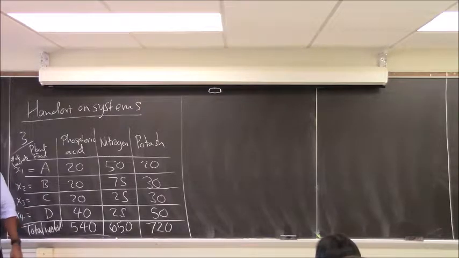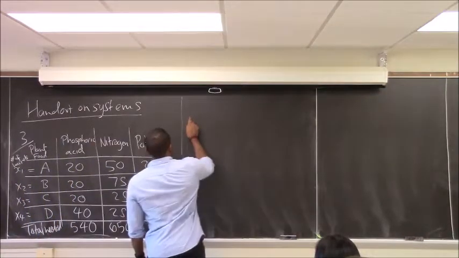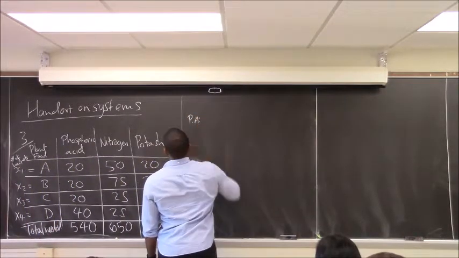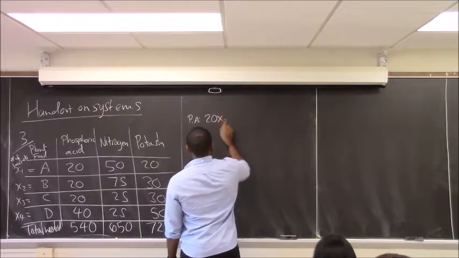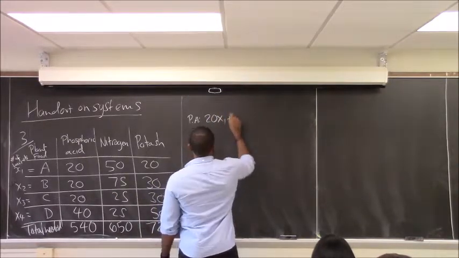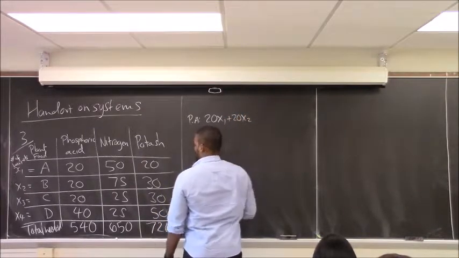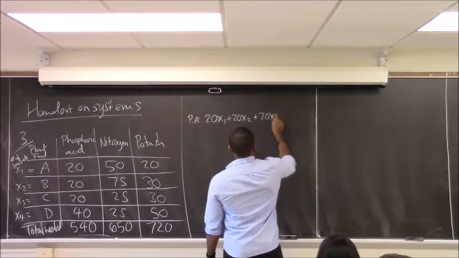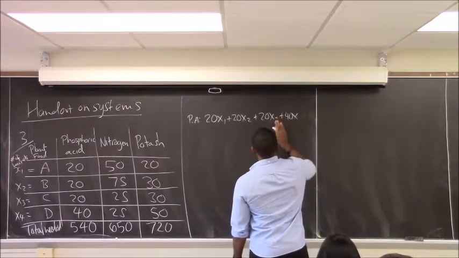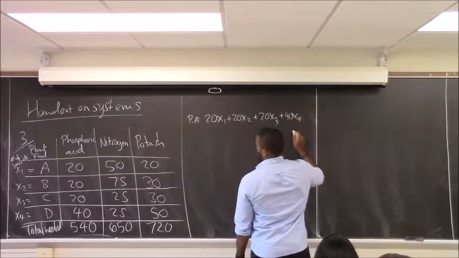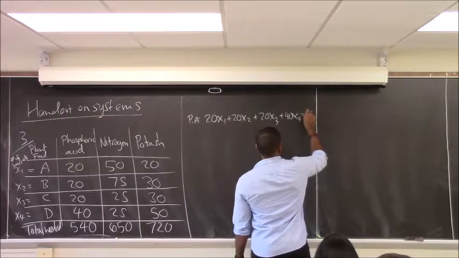So basically I'm going to set up an equation for each one of these guys. So for the phosphoric acid, I know I get 20 pounds per barrel for mix A, plus 20 pounds per barrel for mix B, plus 20 pounds per barrel for mix C, plus 40 pounds per barrel for mix D, and I want that all to add up to 540.